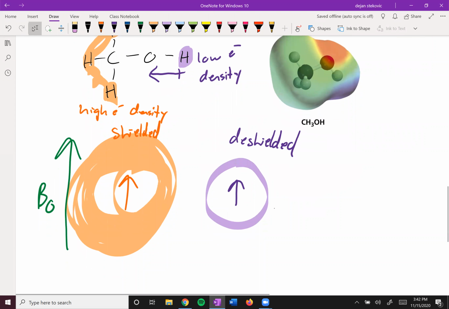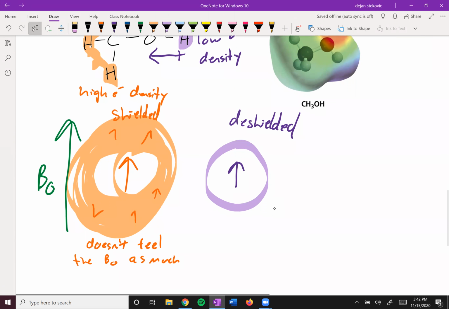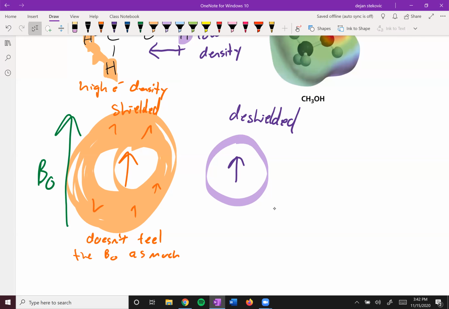And so the one with a lot of electron density doesn't feel the external magnet as much, right? Because it's shielded by all the electrons that are floating through here that are creating their own magnetic field and shielding the nuclei from this external magnetic field.